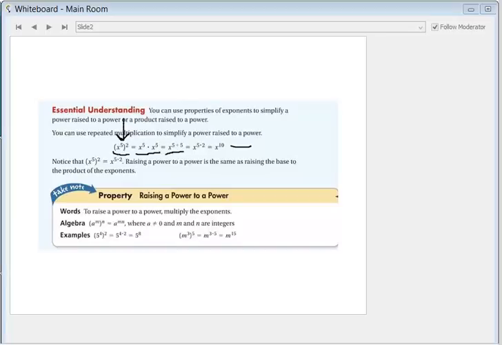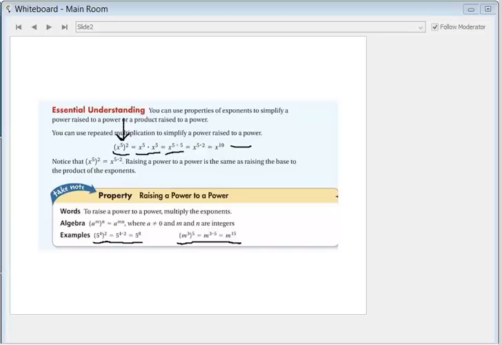Our examples at the bottom: 5 to the 4th raised to the second power is the same as saying 5 to the 4th times 2, or 5 to the 8th. If we put it in algebraic form with a variable, m to the 3rd raised to the 5th power is m to the 15th.